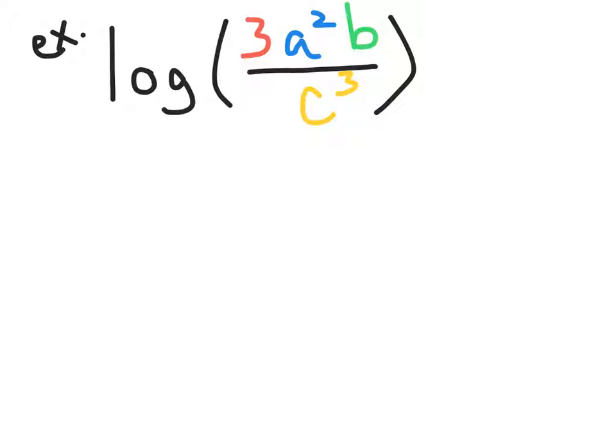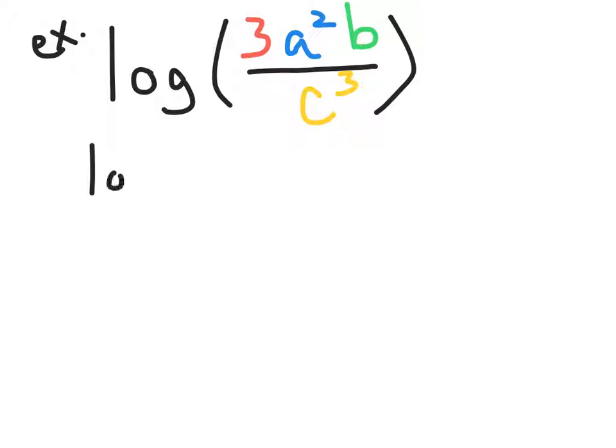Okay, so to tie this all together now, I have a logarithm here that's quite complicated, and what I want to do is expand this as much as I possibly can. You will notice that I have a product on the top of 3a squared b, and that is all being divided by c cubed. And so this expansion is going to make things quite long, but I'm going to go ahead and break this up into pieces for you to see how this works.